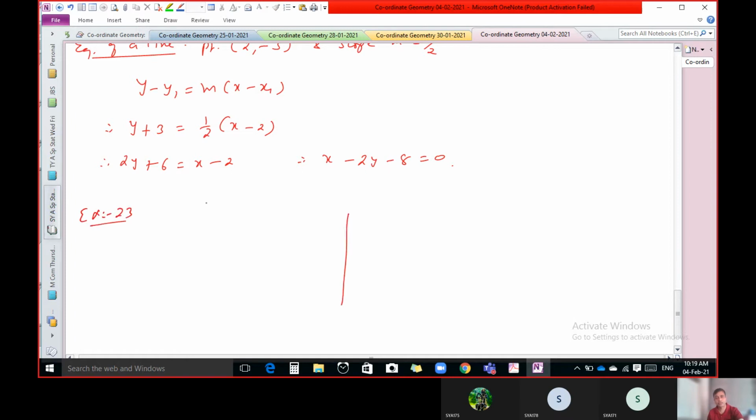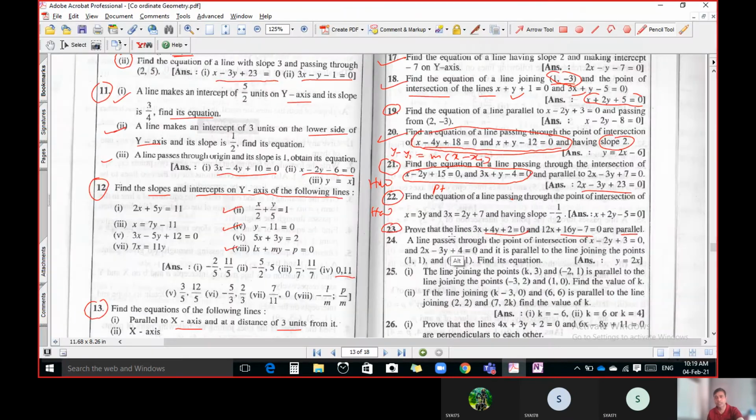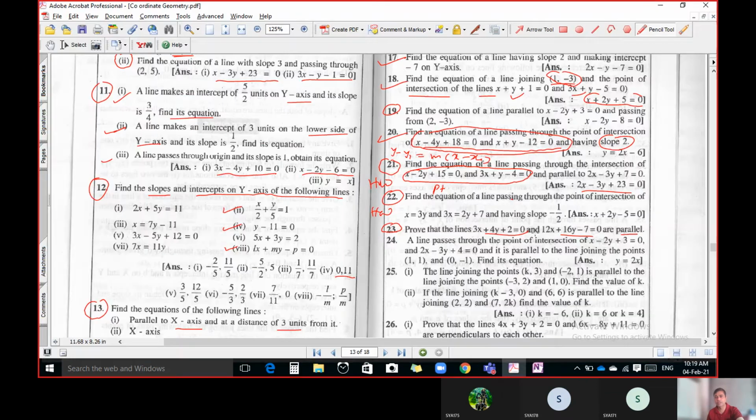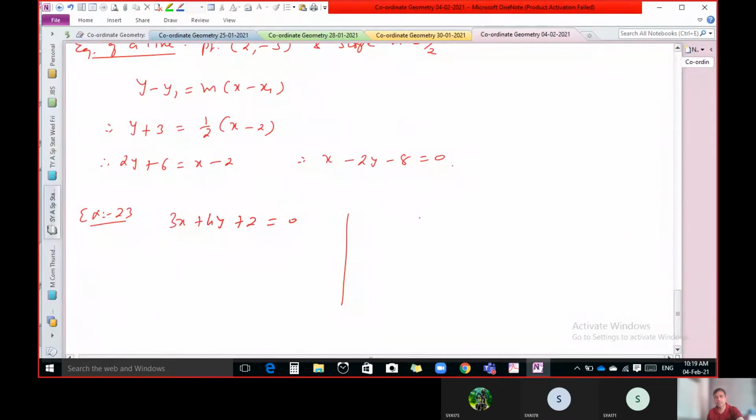There are two lines: 3x plus 4y plus 2 equal to 0, line 1, and 12x plus 16y minus 7 equal to 0, the second line. Now tell me how to prove that they are parallel.